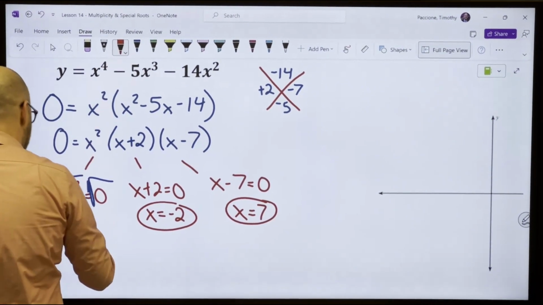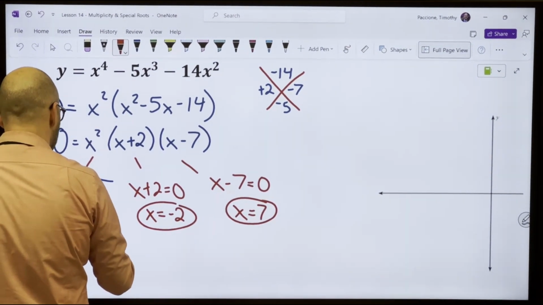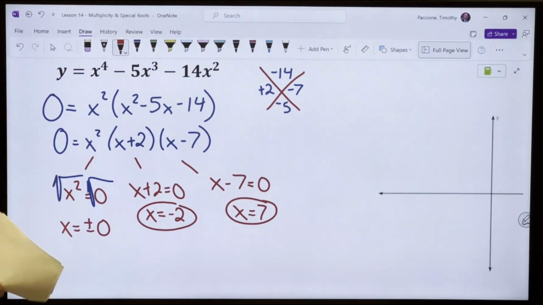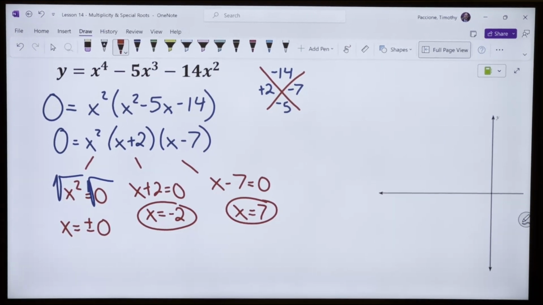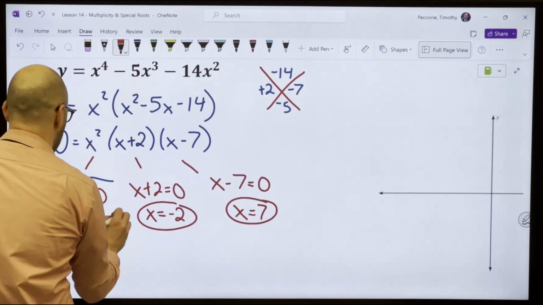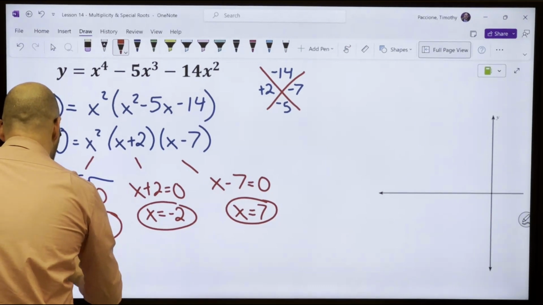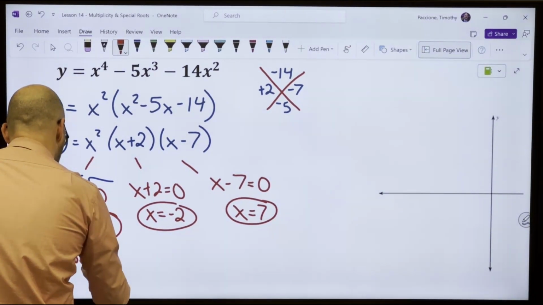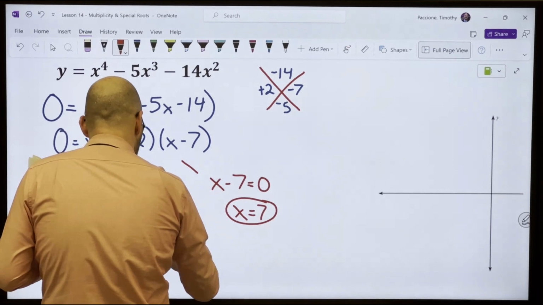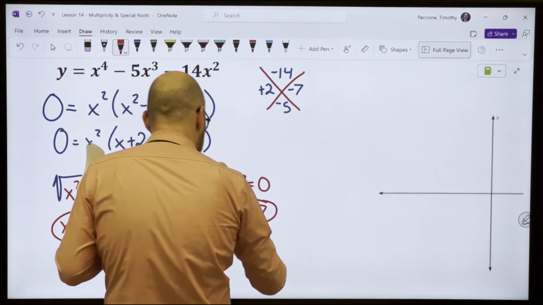You would get x equals plus or minus 0, which isn't really important, since plus 0 and minus 0 are the same thing, but what does it tell you? There's 2 roots there. It's a double root, because it was x squared that got us that. So this is a double root. This is a single. And this is a single.